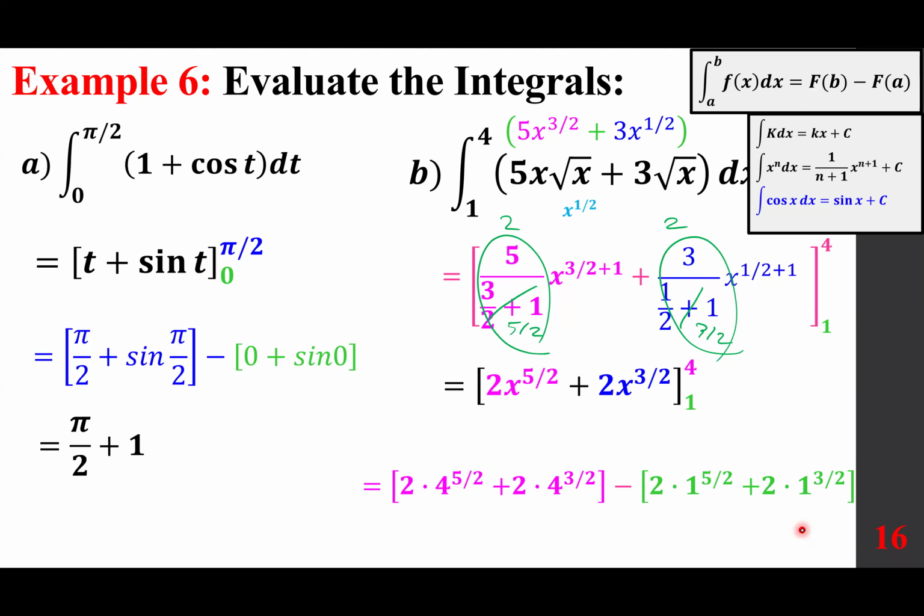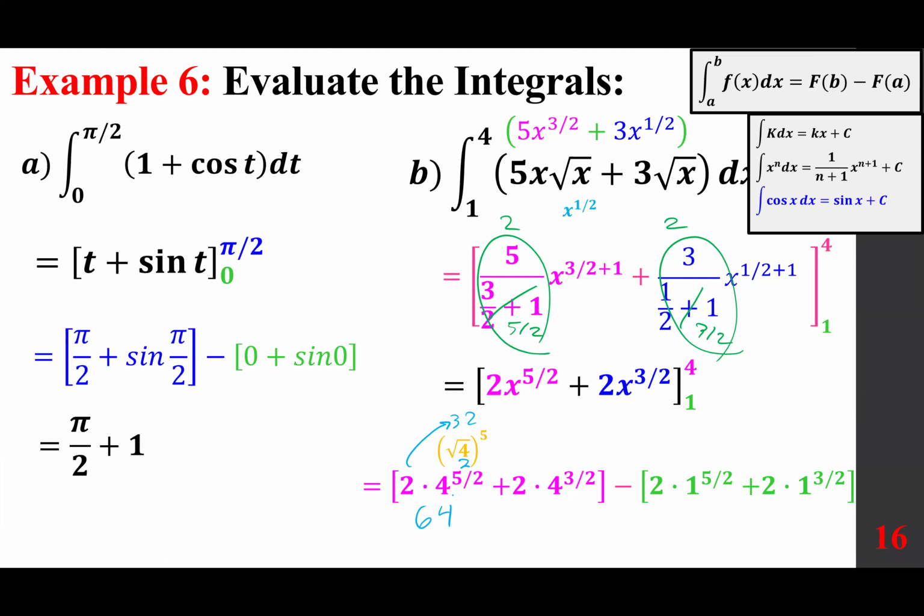You just evaluate it. So when we plug in 4 to the power of 5 halves, for example, it means the square root of 4 to the power of 5. 2 to the power of 5 is 32.